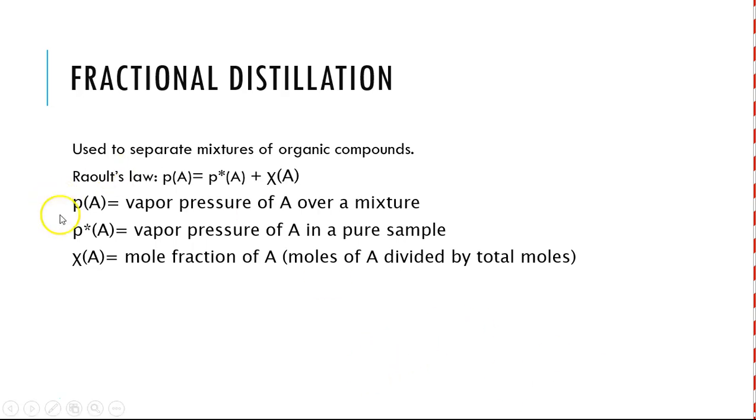So mole fraction is not something we've really worked with, but it's basically the moles of A divided by the total moles in the mixture. And there's an example on the worksheet that we'll work through a little bit, but it's not too tricky. Basically, it just gives us a different vapor pressure of A over a mixture.